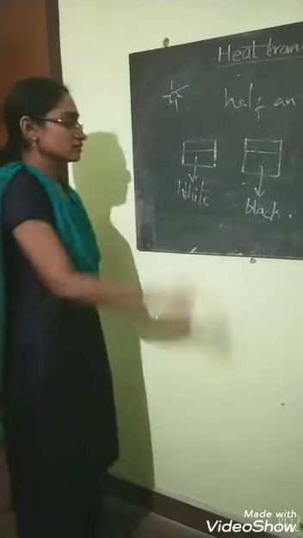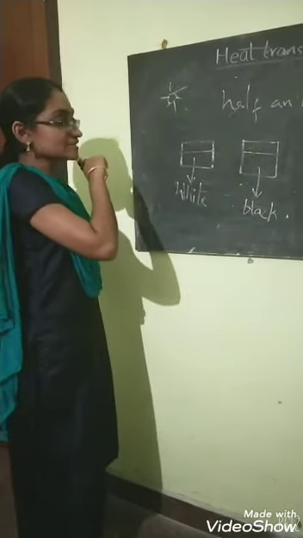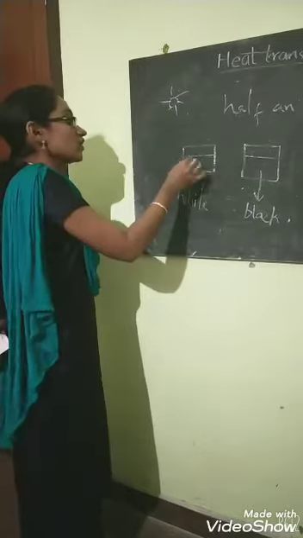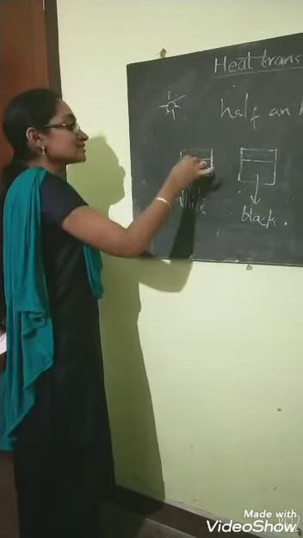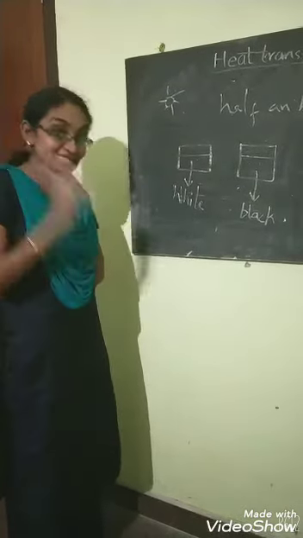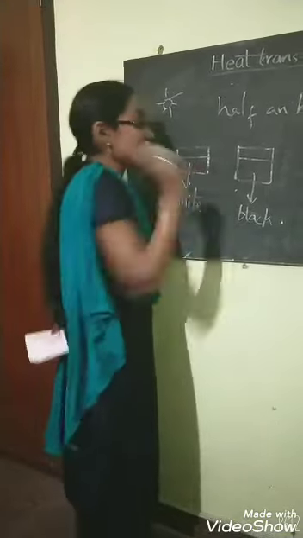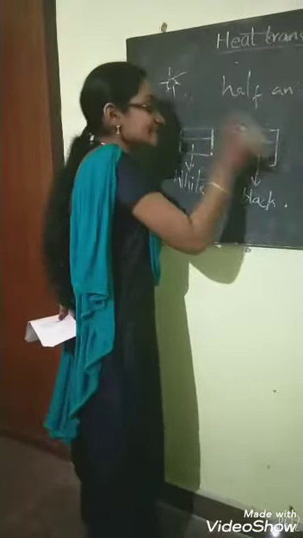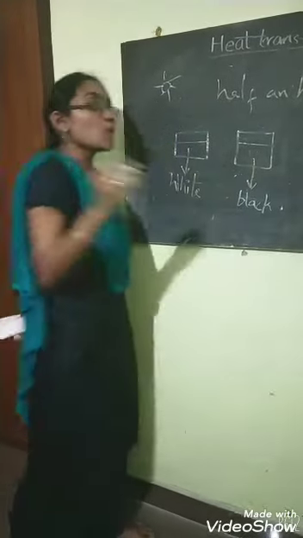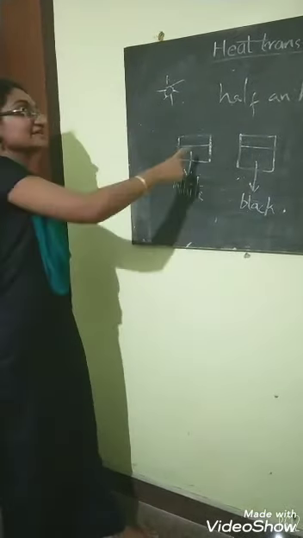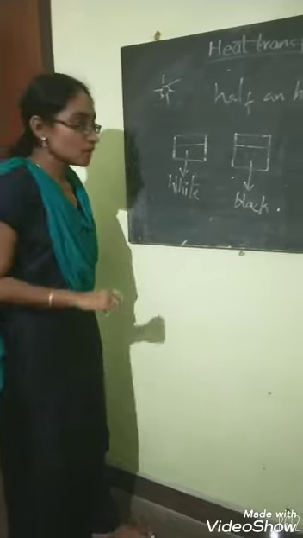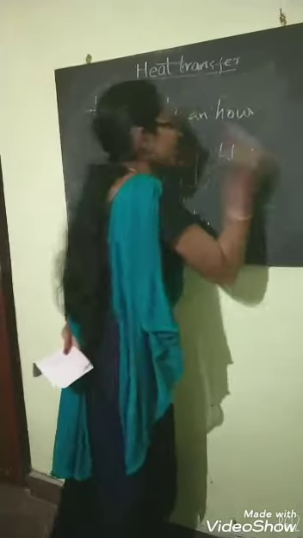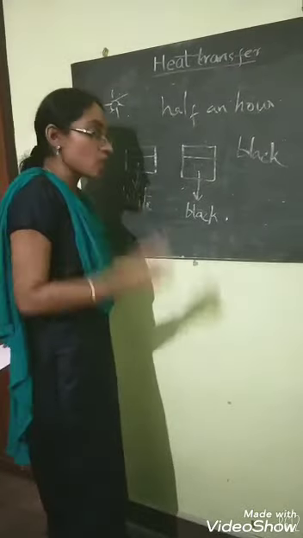What do you think the difference is? When we open the boxes, the water in the white painted box is less hot than in the black painted box. That is, the water inside the black box is hotter. So it means that the black color absorbs more heat.